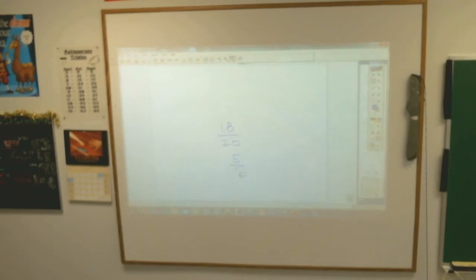Make sure if you can reduce the fraction, you reduce it. That's one of them, right? What's the other one? Still working on it.